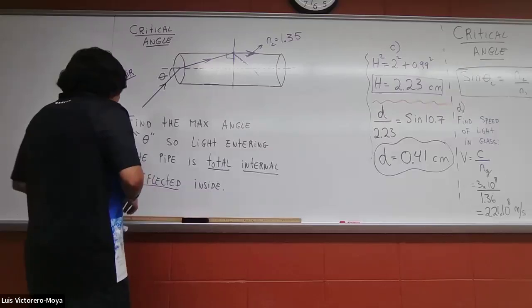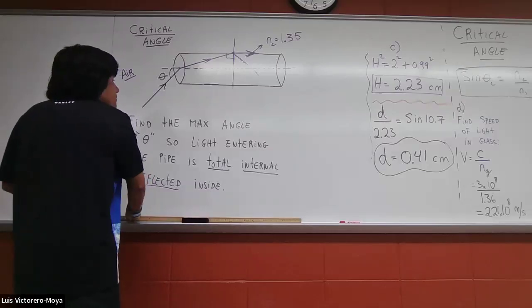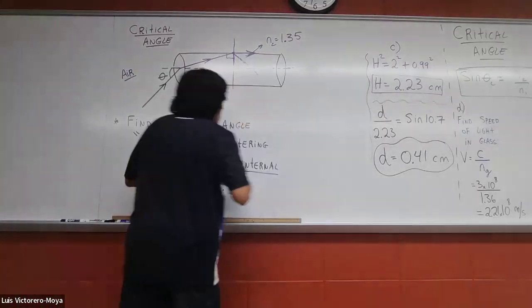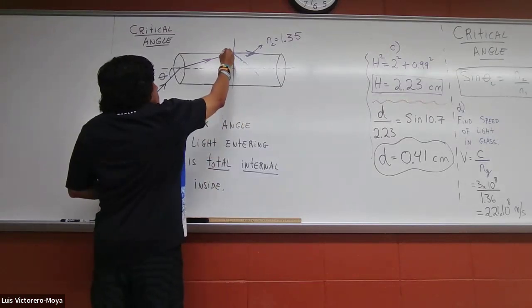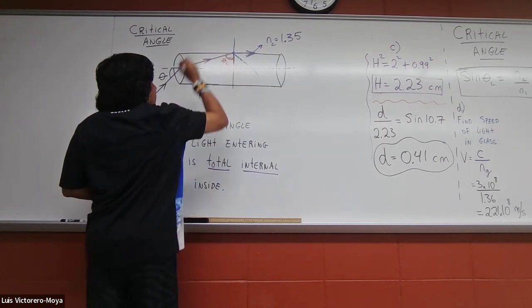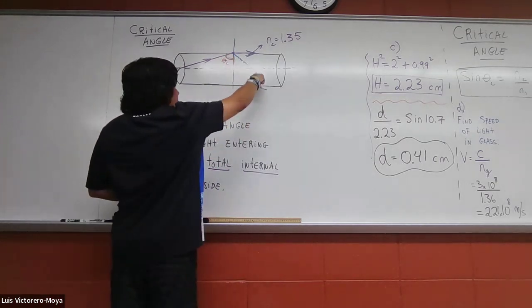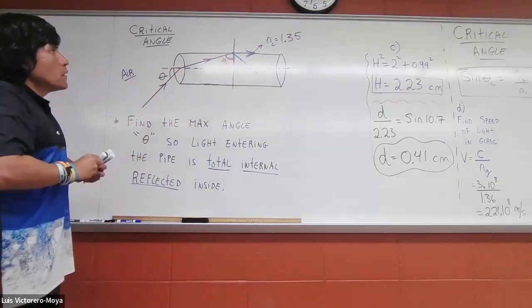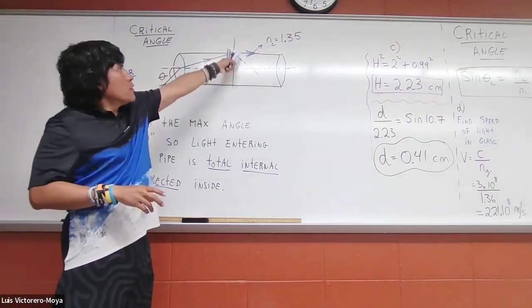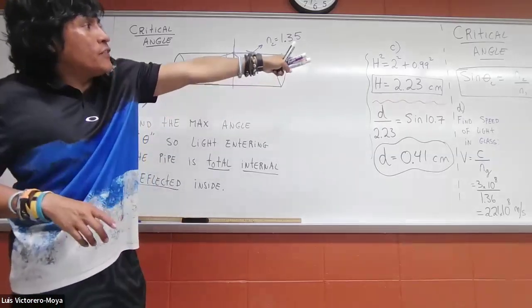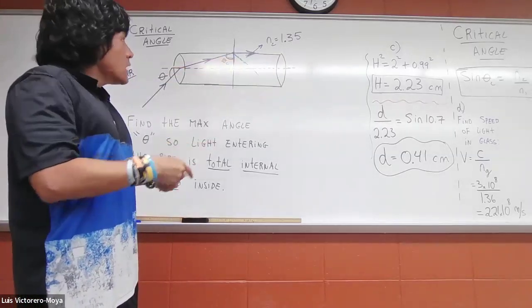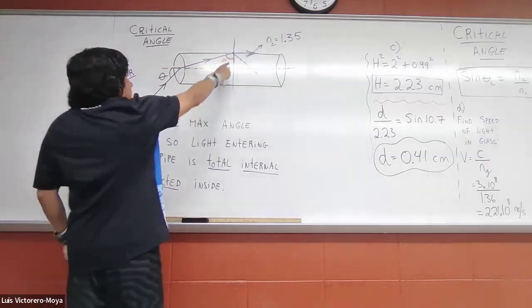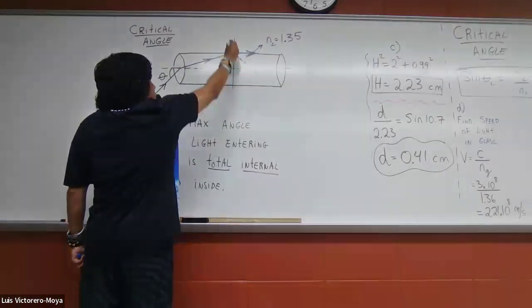And the angle here, this one has to be theta critical between the material of the pipe and air. So that happens. So there's no refraction. When I have the equation for critical angle there, right? So I can find the critical angle, and then this is a normal.